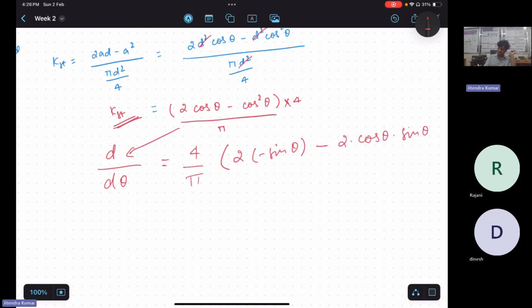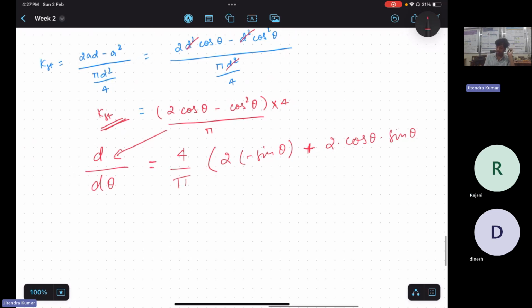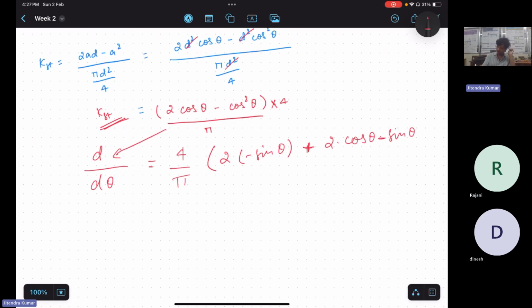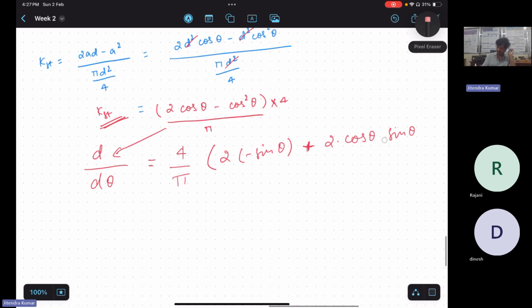This will change into plus, right? Because the differentiation of cos gives a minus sign, right? This minus should have come here, but I have adjusted it here.